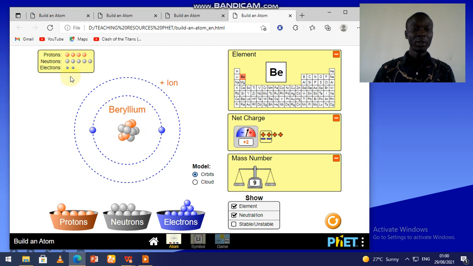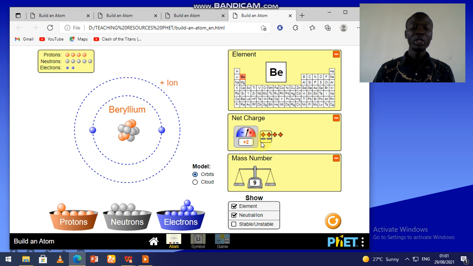Okay? So, what is the charge on this atom? Now, the net charge on this atom is positive 2. And how is it coming in? We have 4 positive charges corresponding to the 4 protons remaining in the nucleus. So we have 1, 2, 3, 4 positive charges.